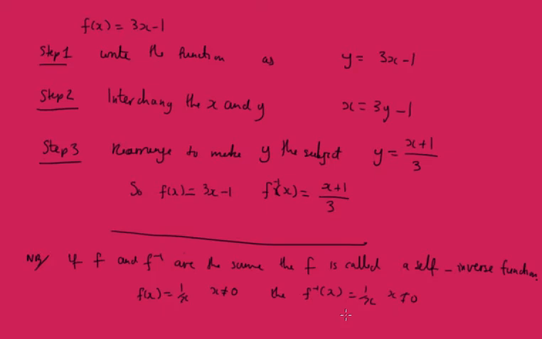So let's look at some worked examples. So let's consider f of x equals the square root of x plus 2 minus 7 for x belonging to all real numbers, where x is greater than or equal to minus 2.